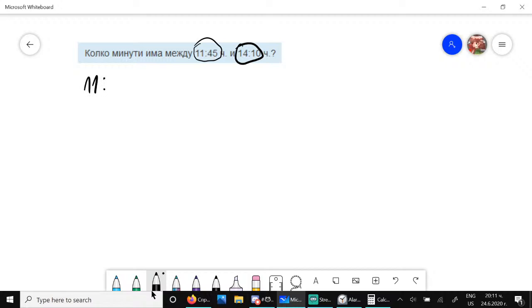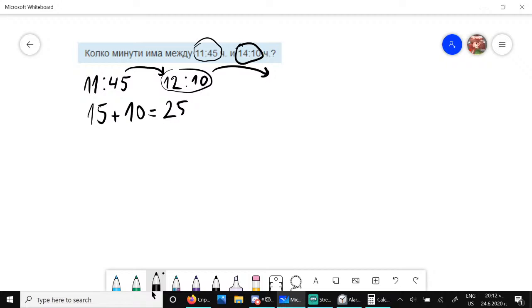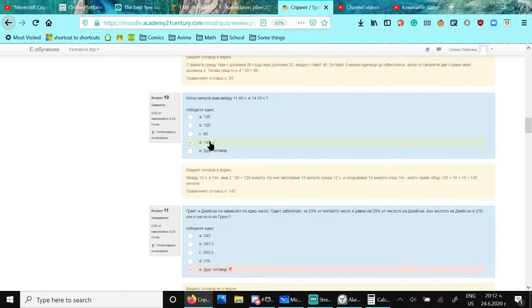First I want to see how many minutes there are between this one and this one, and those are 15 plus 10, which is equal to 25 minutes. And there are 2 hours from here to here. So 25 plus 2 multiplied by 60, which is equal to 145. And that's the correct answer, as you can see.